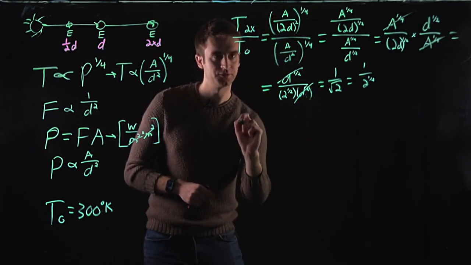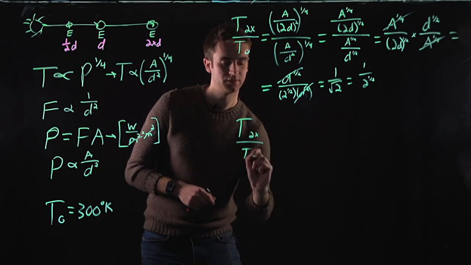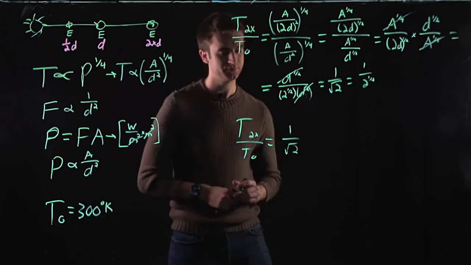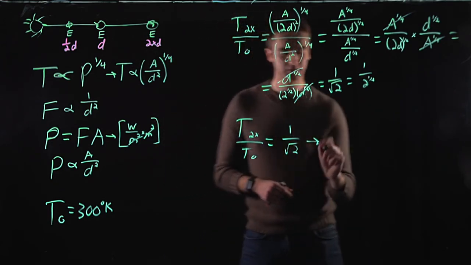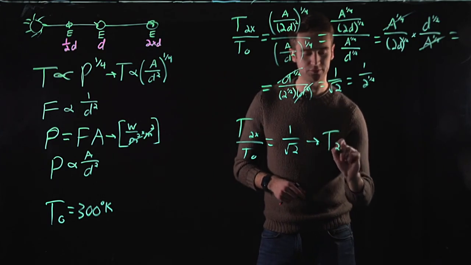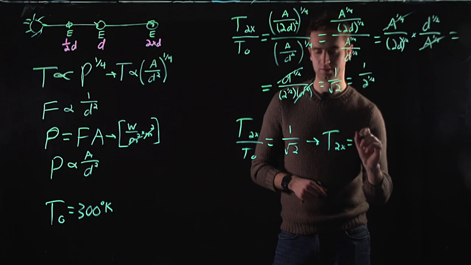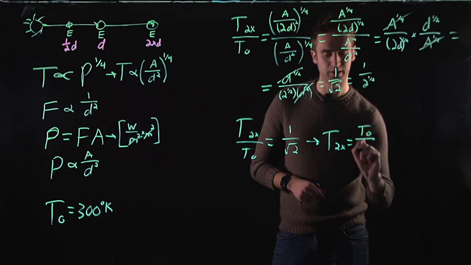So how do we get T2x back from this relationship? We just found that T2x over T naught equals a constant, 1 over root 2. Multiplying both sides by T naught, we can say that T2x equals T naught divided by root 2.